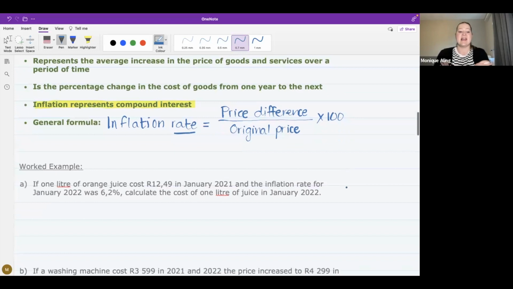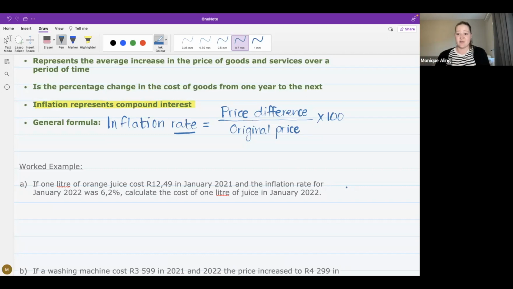Question A says, if 1 liter of orange juice cost 12.49 Rand in January 2021, and the inflation rate for January 2022 was 6.2%, calculate the cost of 1 liter of juice in January 2022. So we are basically just going to increase the price of the orange juice by the inflation rate.